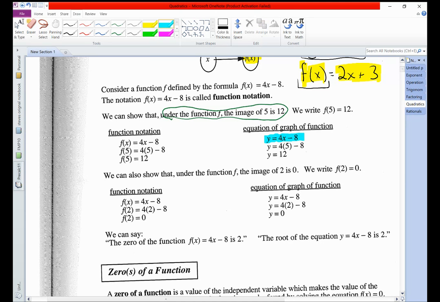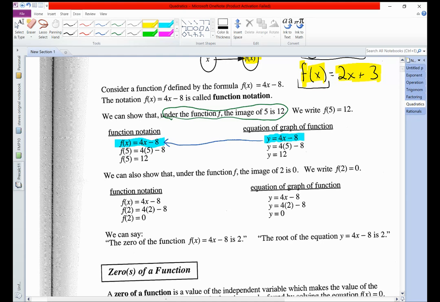That's an equation of the graph. We can write this in function notation by replacing the y with f of x. So it's the same thing. F of x is equal to 4x minus 8. We are just representing that y with f of x. So that's saying the function depends on x.